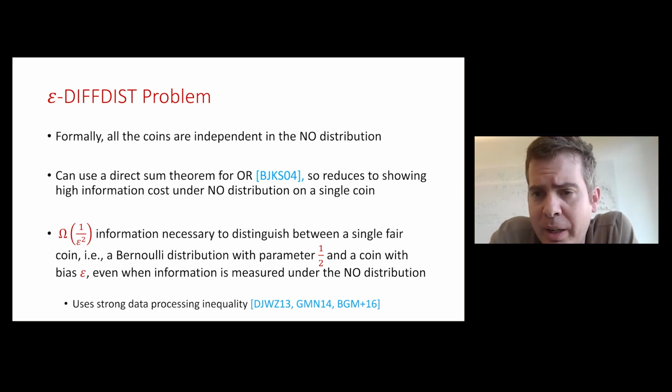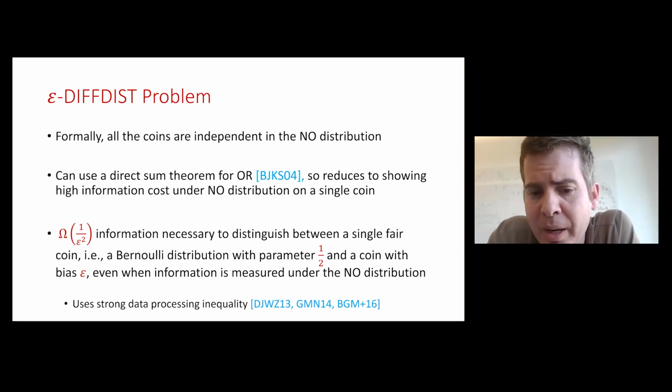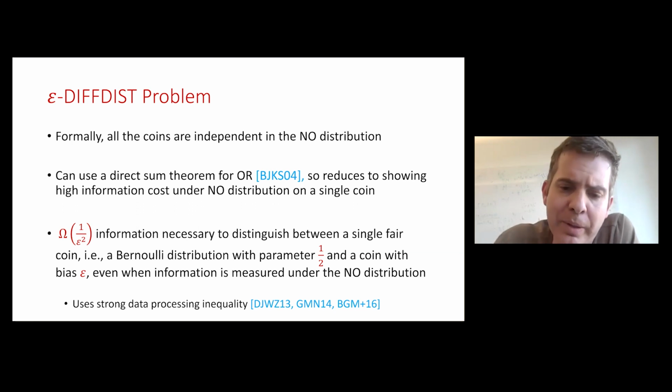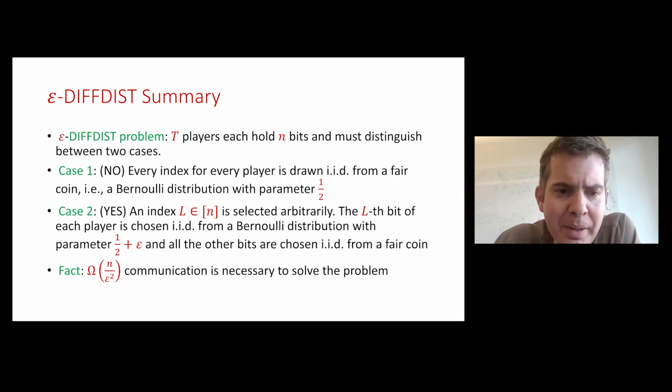You can do this using some min information cost theorems that use so-called strong data processing inequalities, first shown in work of Ducci et al. There's a nice multi-round extension in Garg et al., and an extension to a sparse case in work with Braverman et al. So you can show this 1 over epsilon squared lower bound. I'm not going to say more about that. And using this direct sum that I mentioned.